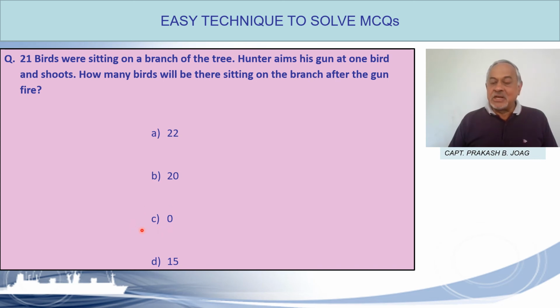Sometimes you have to apply logic, not every time say that one bird is shot by the hunter and 20 birds remain. No, the logic is that the thundering sound has come. All the birds flew away because that is the natural instinct of birds. They will get scared, afraid, and they will fly away. So C is the correct answer. 0 is the correct answer, which will fetch you 1 mark.